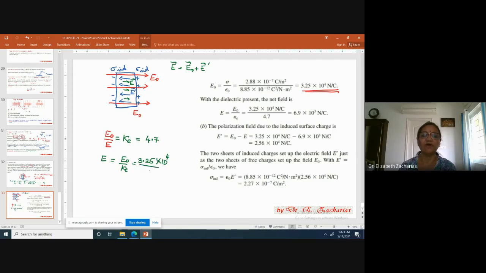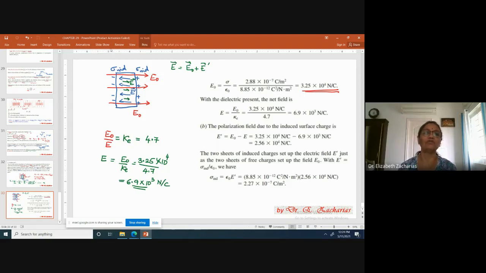So that divided by 4.7 gives you the net electric field. The net electric field is 6.9 into 10 to the power of 3 Newton per coulomb. Look at this. It is smaller than the applied field. So the job of the dielectric was to reduce the effective field inside.